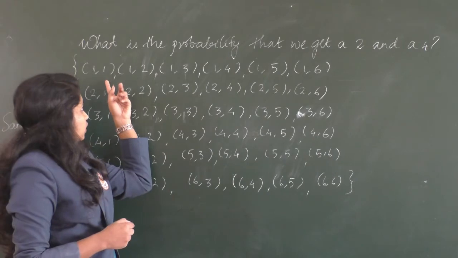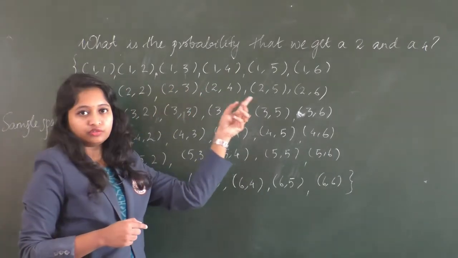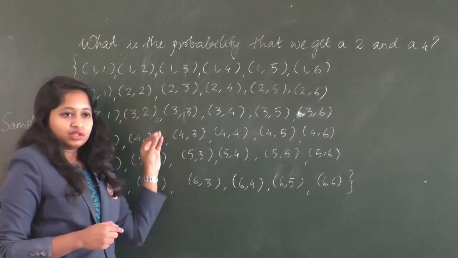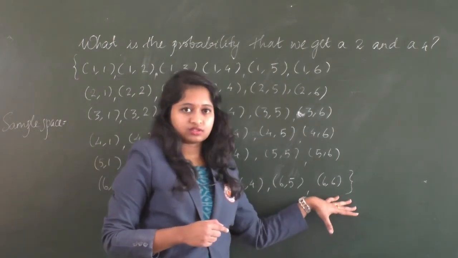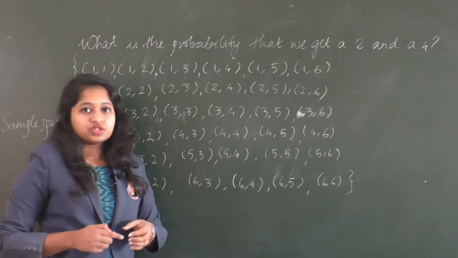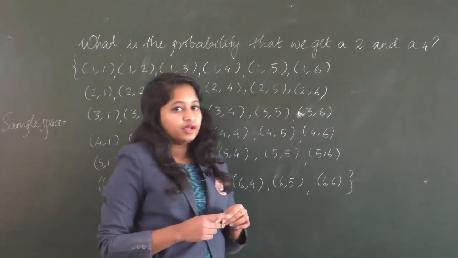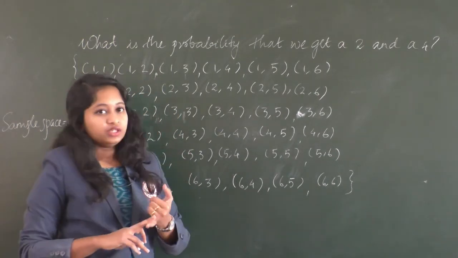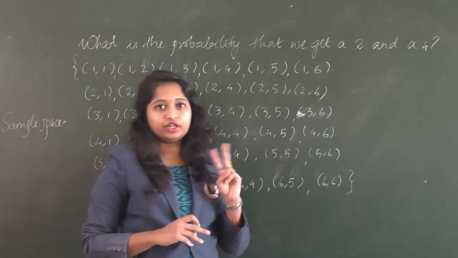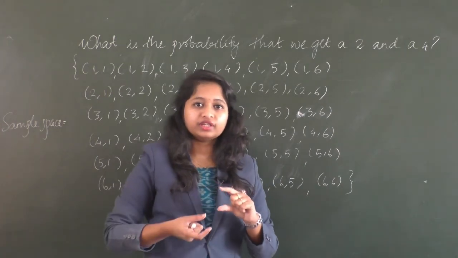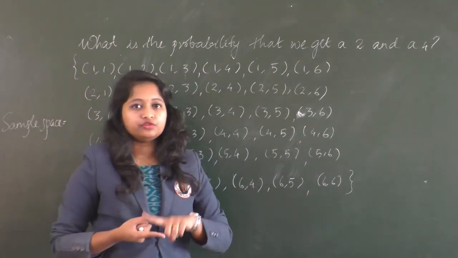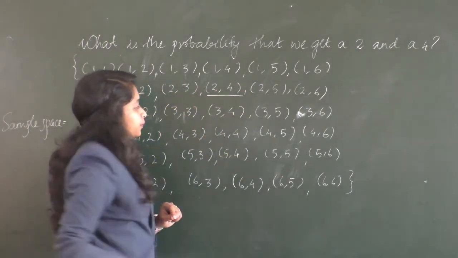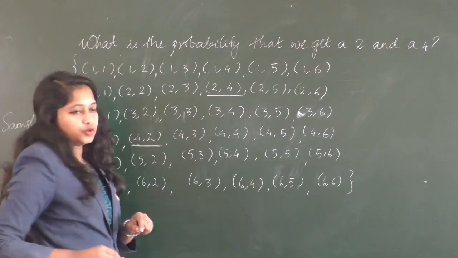1 1, 1 2, 1 3, 1 4, 1 5, like that 2 1, 2 2, 3 1, 3 2, 3 3 up to 6 5, 6 6. So, there are 36 outcomes, and the question is to find the probability of getting a 2 and a 4. When you roll the dice, you should get a 2 and a 4. To get that, there are 2 possibilities.